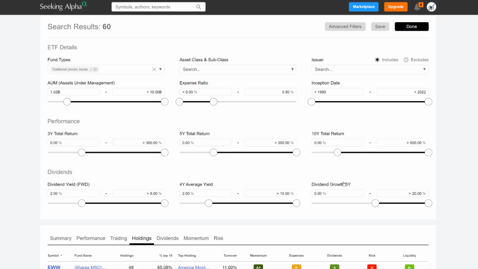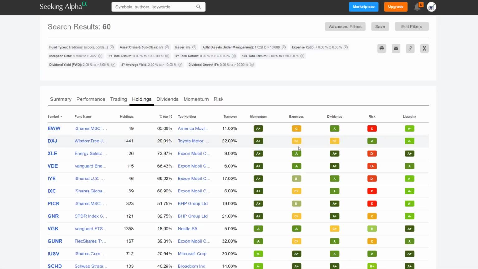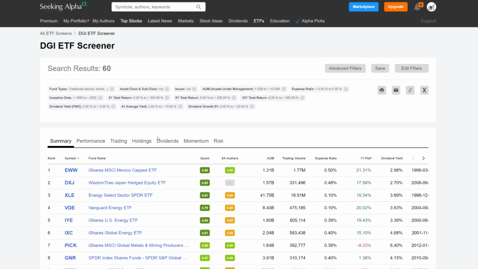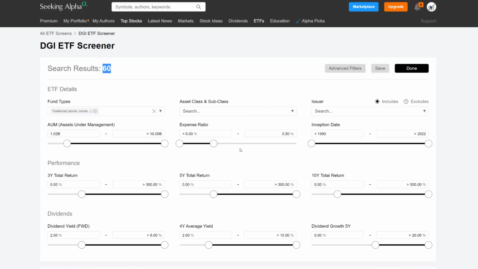So pretty straightforward stuff. The way that I have it set up is similar to what we were just looking at with the dividend stocks. Let's take a look, and I want to show you some things that I look at. First off, you can see here that we only have 60 results based off of the small filters that we have here.